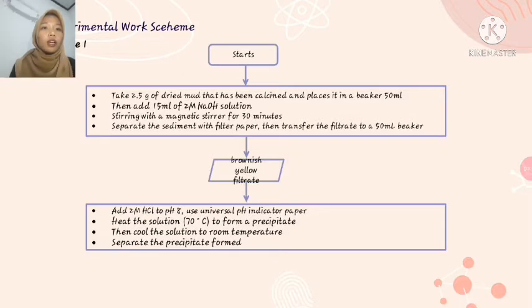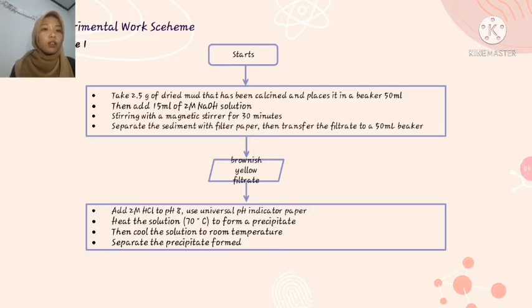Stir with a magnetic stirrer for 30 minutes. Separate the sediment with the filter paper. Then transfer the filtrate to a 50 milliliter beaker.